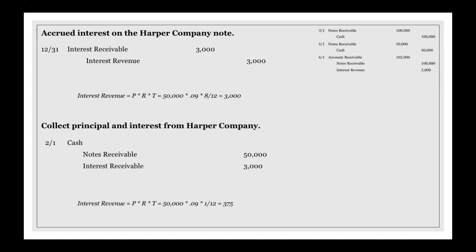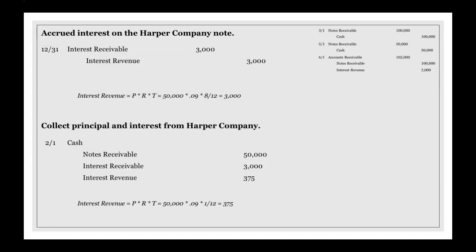So we need to figure out now this interest revenue for just the month of January, because we had already figured it out for the first 8 months, but we had not recorded any interest yet for January. So we take 50,000 times 0.09 times 1 over 12, since it's just for 1 month, and we find that our interest revenue is $375.